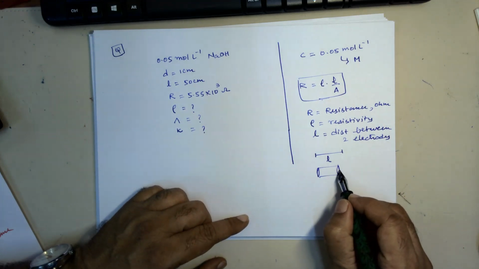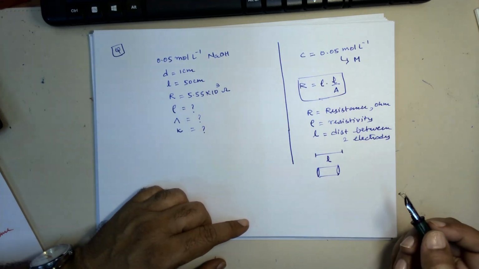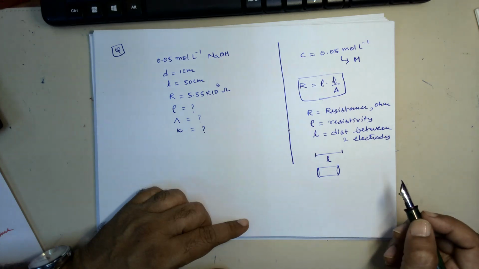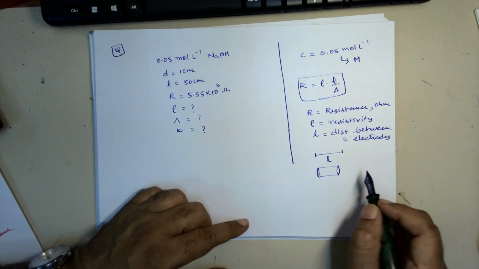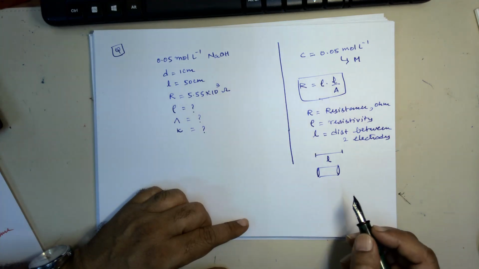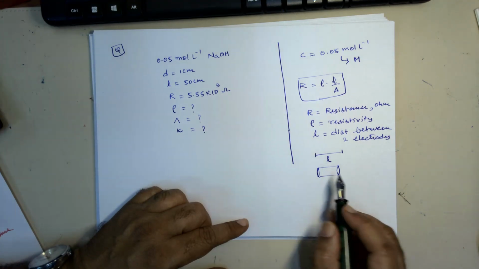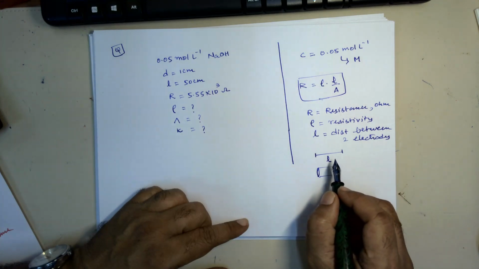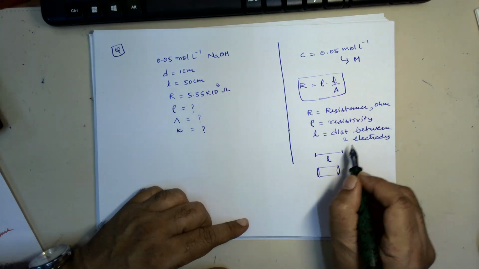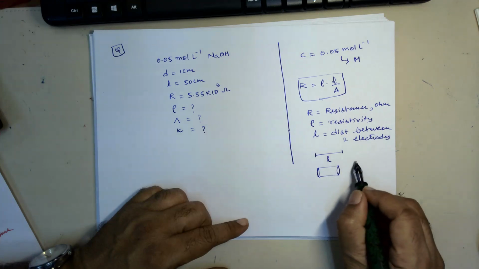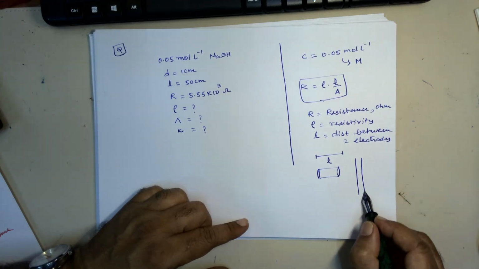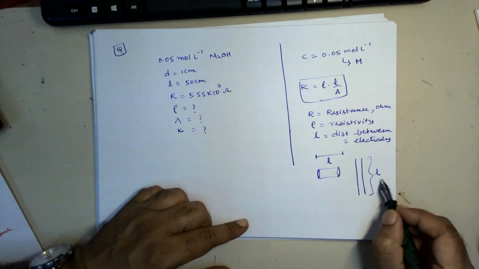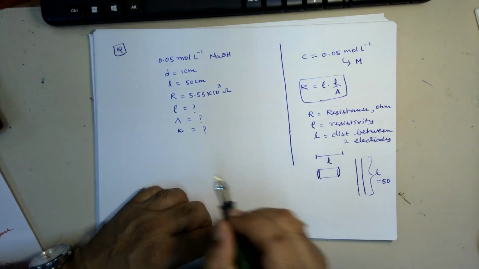Here they have given the diameter as 1 centimeter. Length is 50 centimeter, because this is a vertical column, so this is the length and it is taken as 50 centimeter.